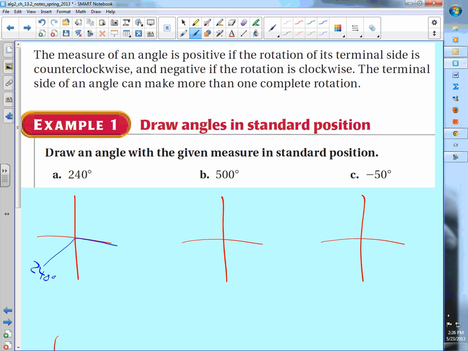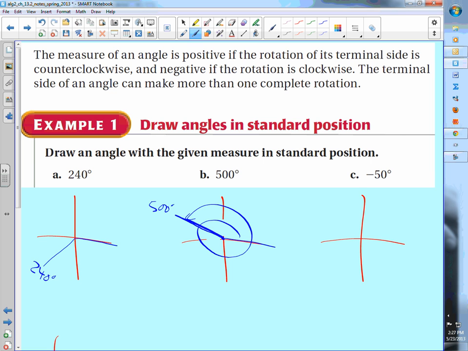We know that's 90, that's not the 180, so somewhere in there, a little more than halfway. So this is 500 degrees, but how are you going to show it to me? You have to show all the way around to the second revolution. Would that blue line be the terminal side? Absolutely.